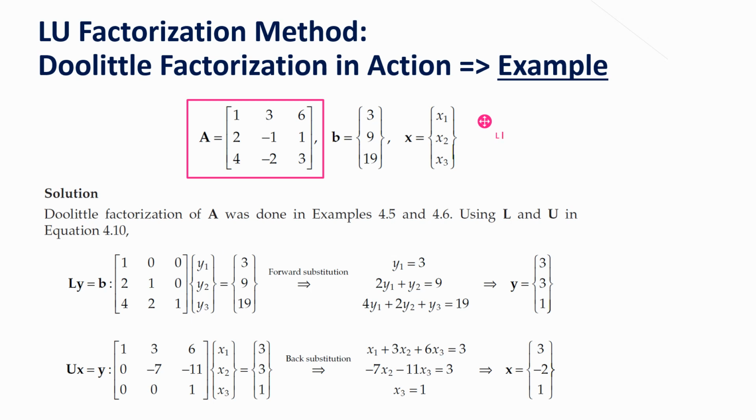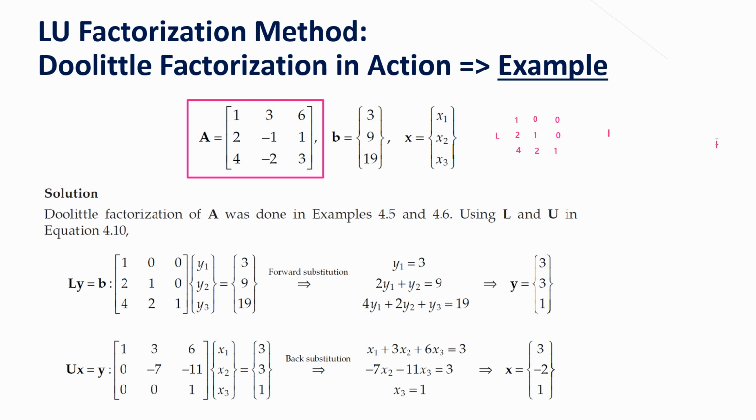The L was 1, 0, 0, and then 2, 1, 0, and then here, of course, this one will be 1, and the last one is 1. This one also 0, right? From the factorization earlier, we have this one 2, this one 4, and this 4. This one is 2. This is the L matrix.